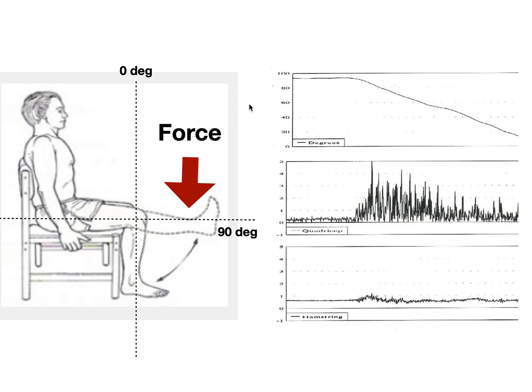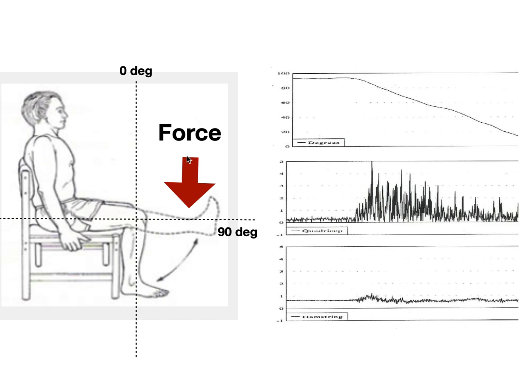During that task, the knee angle, the EMG for quadricep, and the EMG for hamstring are recorded and presented in your manual. So we can take a closer look at what that means.